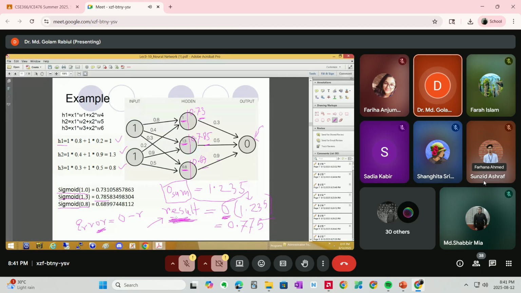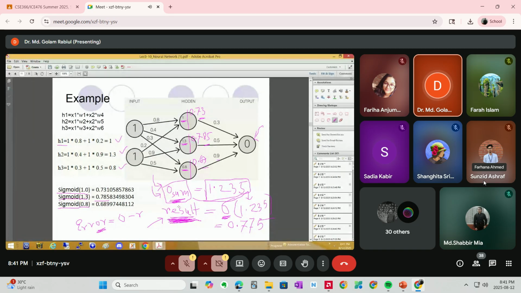But how will the result be changed? If the output sum is changed, then the result will also be changed. So if this value changes, then the result also changes. Then how much change in the output sum will change the result?